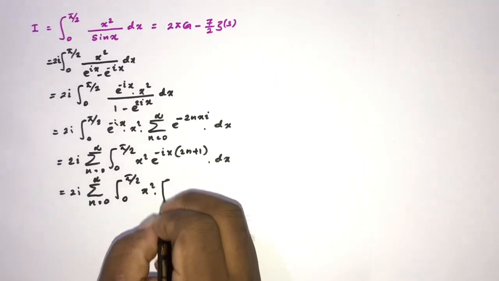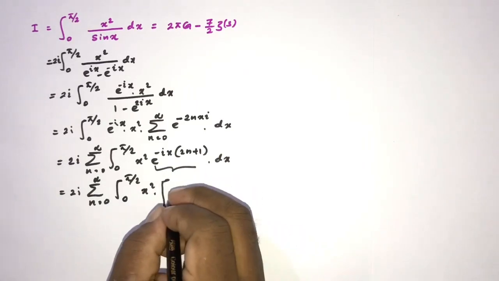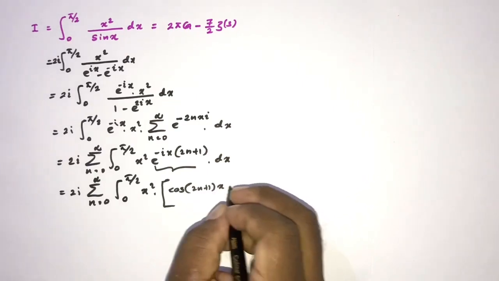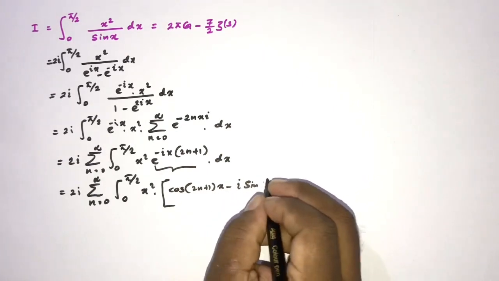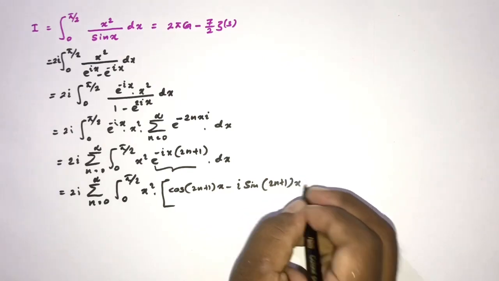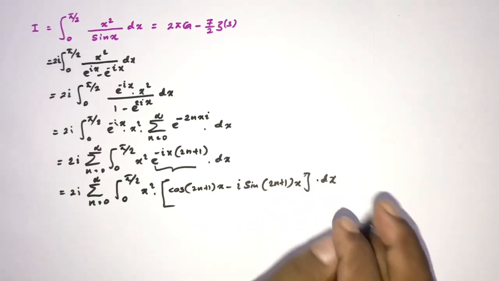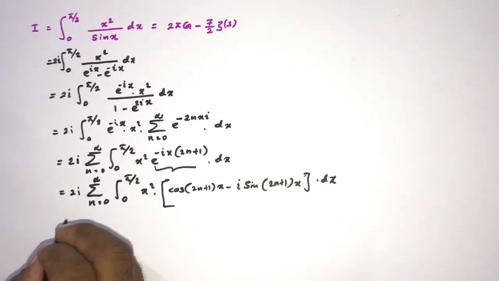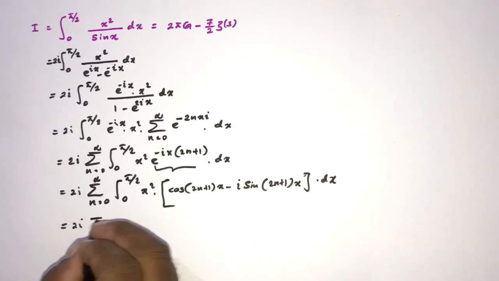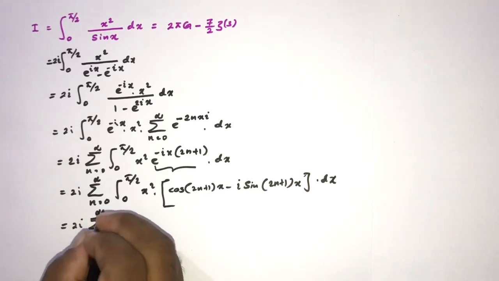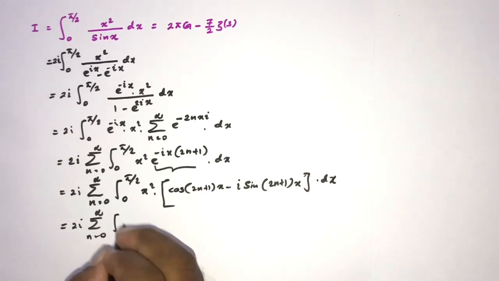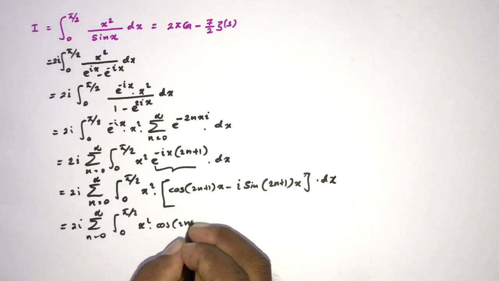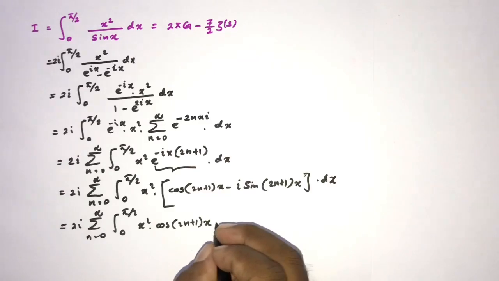So we can write this as cosine of 2n plus 1 times x minus i times sine of 2n plus 1 times x dx. Now we can split this integral into two different integrals. So we can write 2 times i, n equals 0 to infinity, integral from 0 to pi over 2 of x squared cosine of 2n plus 1 times x dx.